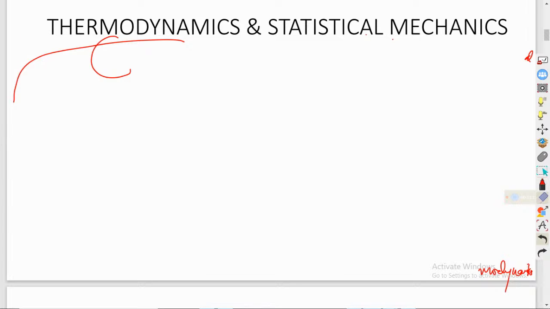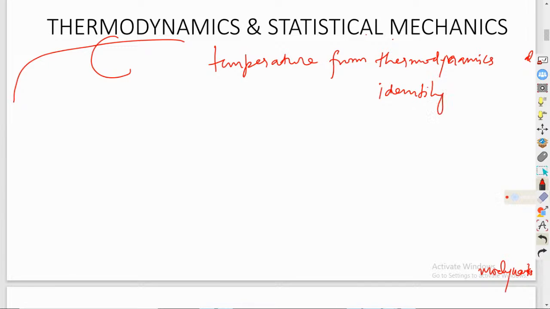Now, the temperature scale, temperature from thermodynamic identity, we will discuss later on. So this is the end of the session. Here we will find a very fundamental and important equation.